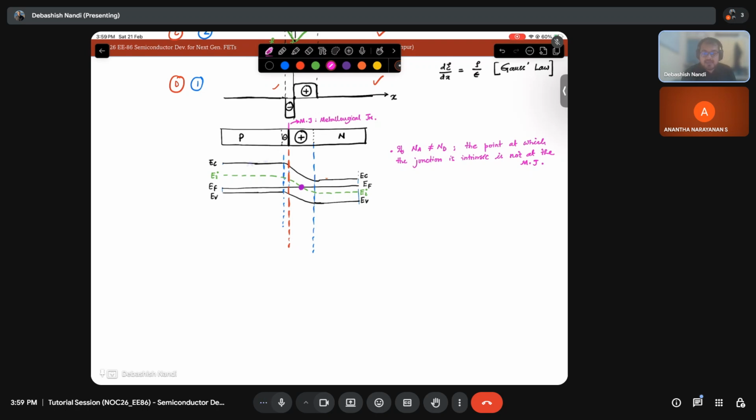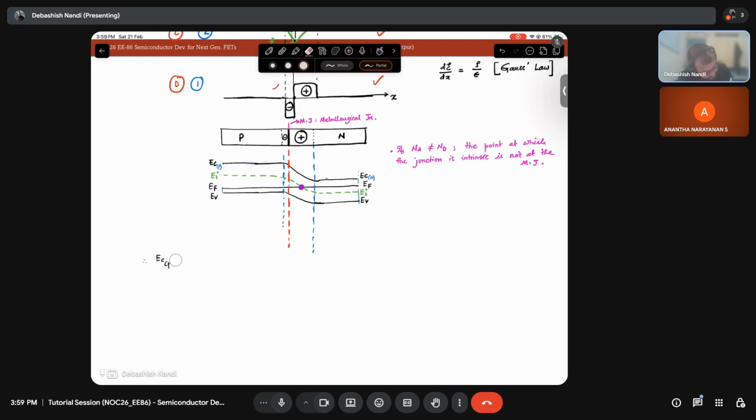Fine. So now I want to calculate the band bending. Let's say this is ECP and this is ECN. Do you agree with this?